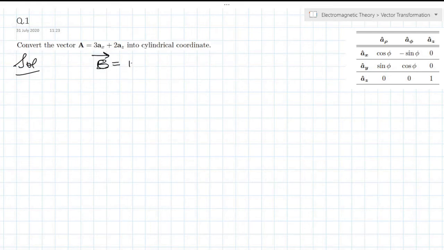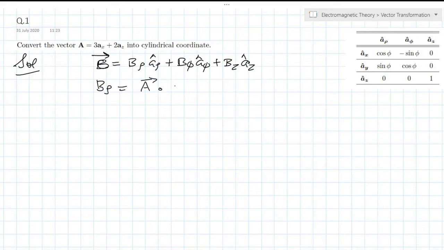The vector B will have 3 directions: B rho, A rho, B phi, A phi, and Bz, Az. So, to find the first coefficient, that is B rho, we will have to find the projection or the contribution of A in the A rho direction.